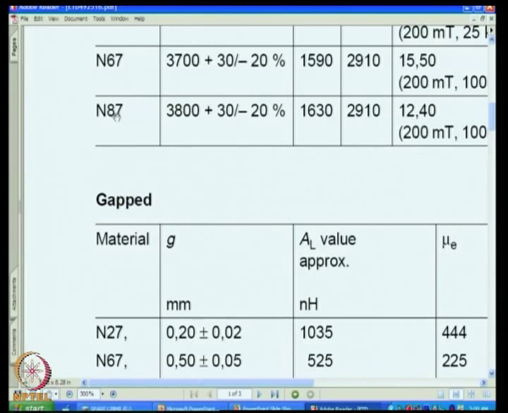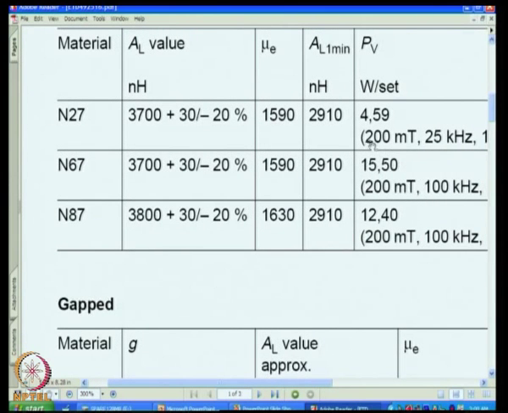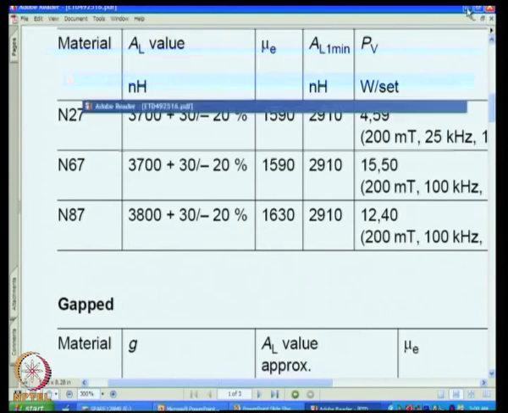It is available as N87, N67, which are capable of having different types of losses on magnetization, and this can be used at 0.2 Tesla at 100 kilohertz. The N27 is suitable up to 25 kilohertz. N87 can go to 100 kilohertz, but with less loss compared to the N67.